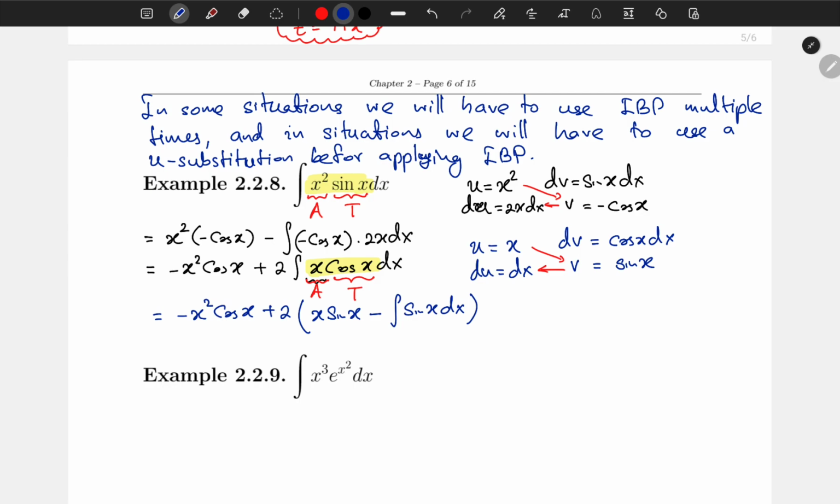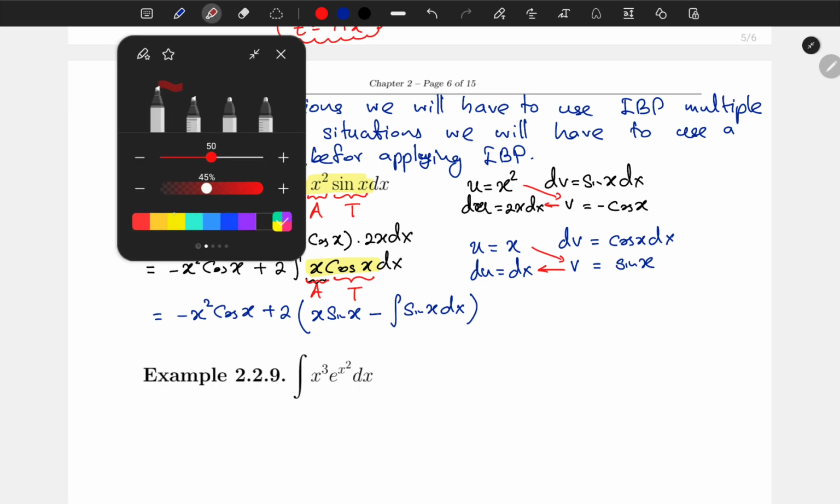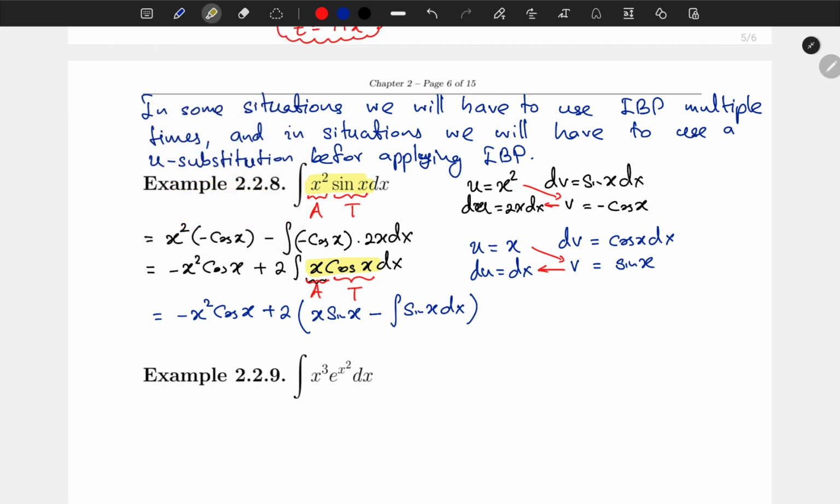Now at this point, the last integral is the integral of sine x, which is a much nicer integral. Okay, we know the value of the integral of sine x, which is negative cosine x.